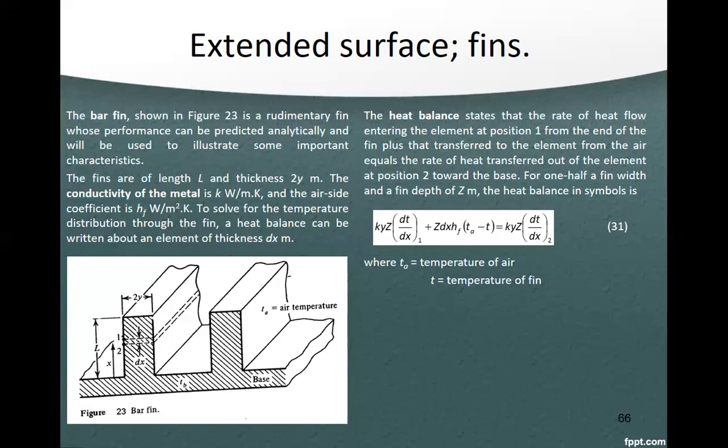For 1/2 of pin width and a pin depth of Z, the heat balance in symbols is KYZ times derivative of T with respect to X at 1 plus Z dx times h sub F times (T sub A minus T) is equal to KYZ times derivative of T with respect to X at 2, where T sub A is the temperature of air, T the temperature of pin.